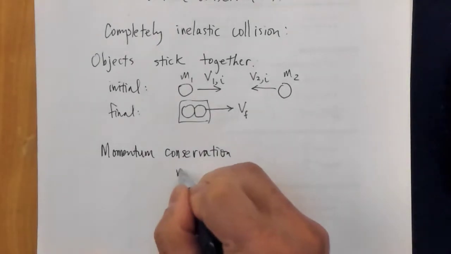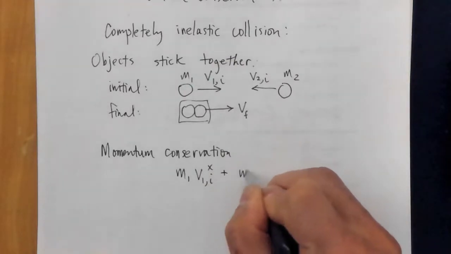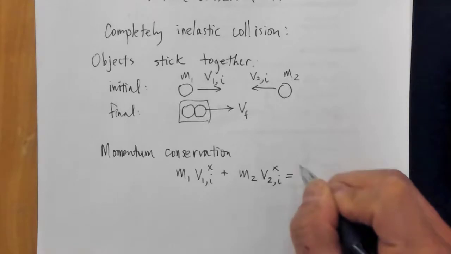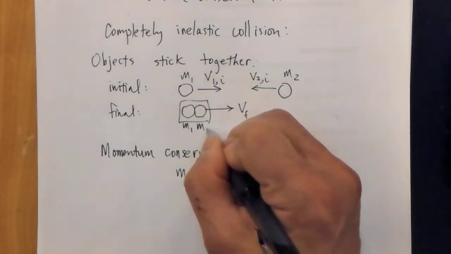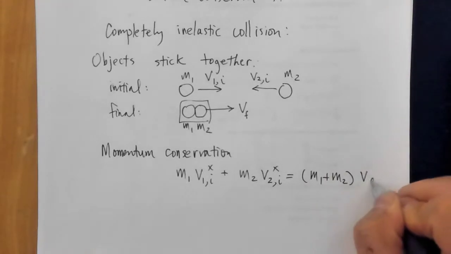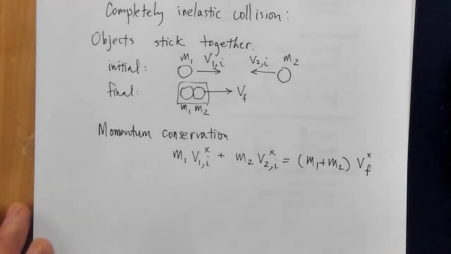So the equation is m1 v1ix plus m2 v2ix equals m1 plus m2 times v final x. We've done this before.